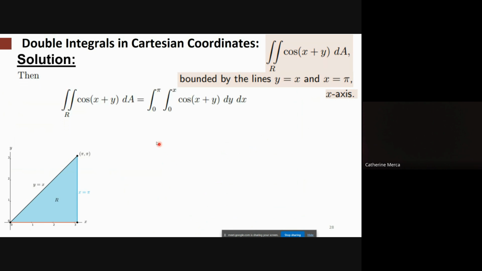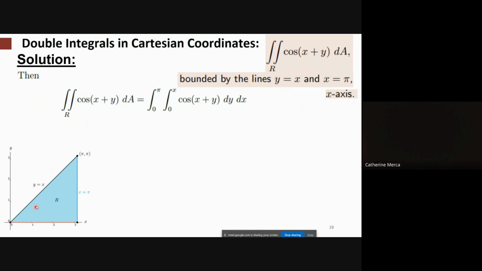Solution: this is the double integral of cosine. We are to find out what we should place in here. Since we have dy dx, if you take a look at this region, notice that your y moves from what value?